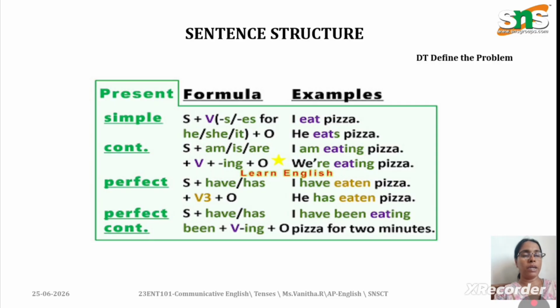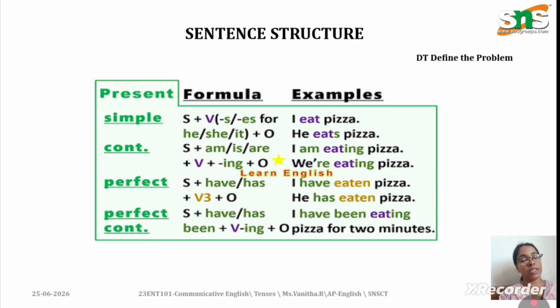The past participle form of verb usually ends with en or ed. So the sentence structure is subject, then comes the have verb, then the past participle form of verb and the object. So I have eaten pizza.